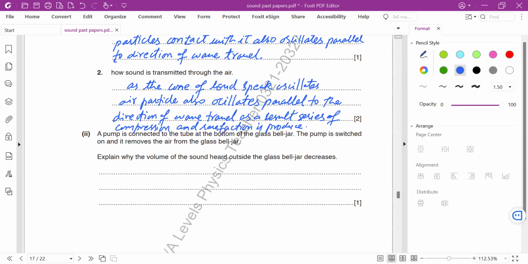A pump is connected to the tube of the bell jar. Explain why the volume of sound decreases.